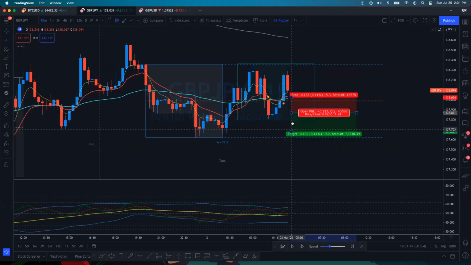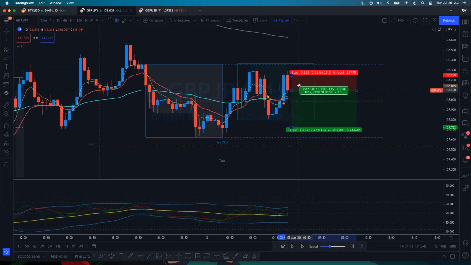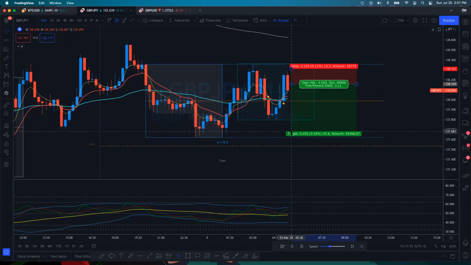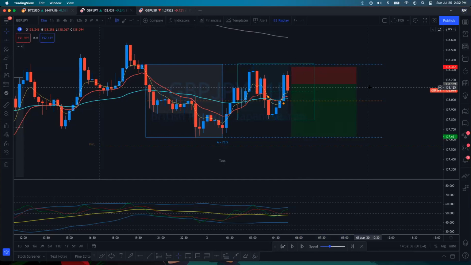Let me see if this would make sense. Does anybody else see this trade, or is this just me?